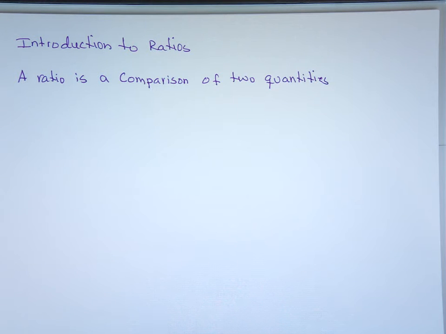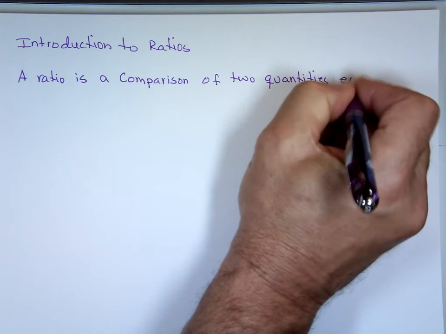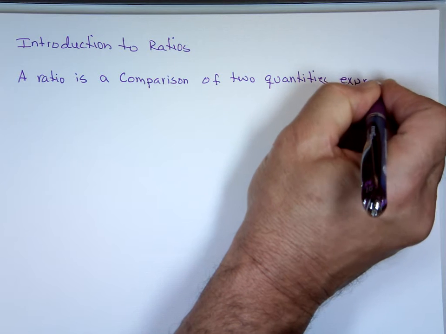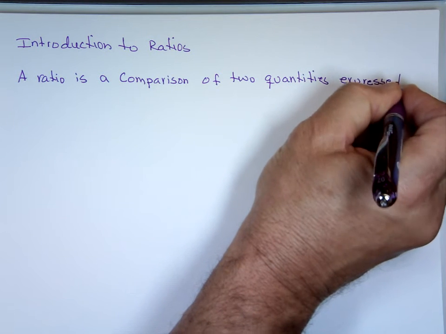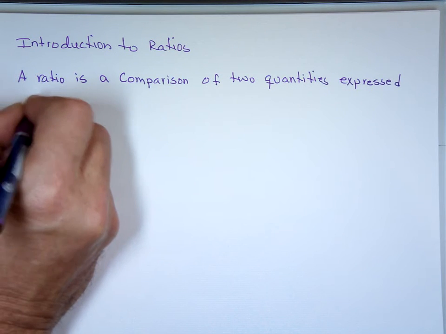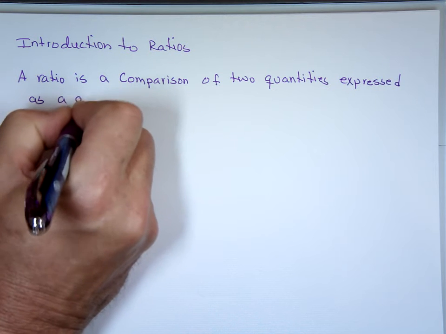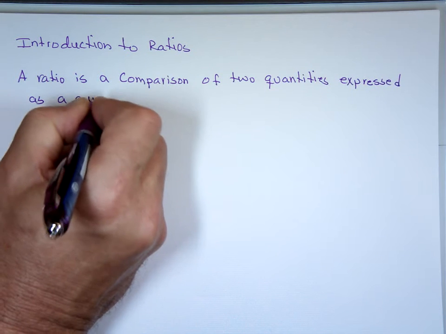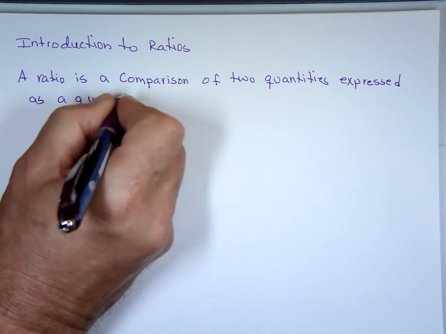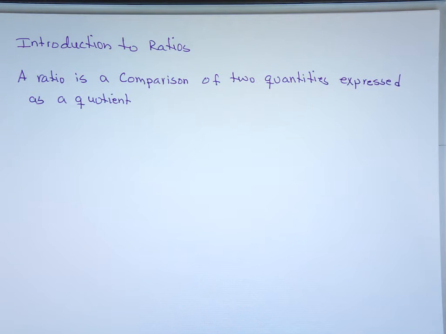And you always write them expressed as a quotient. What's a quotient mean? As a fraction, yep, division. Expressed as a quotient.